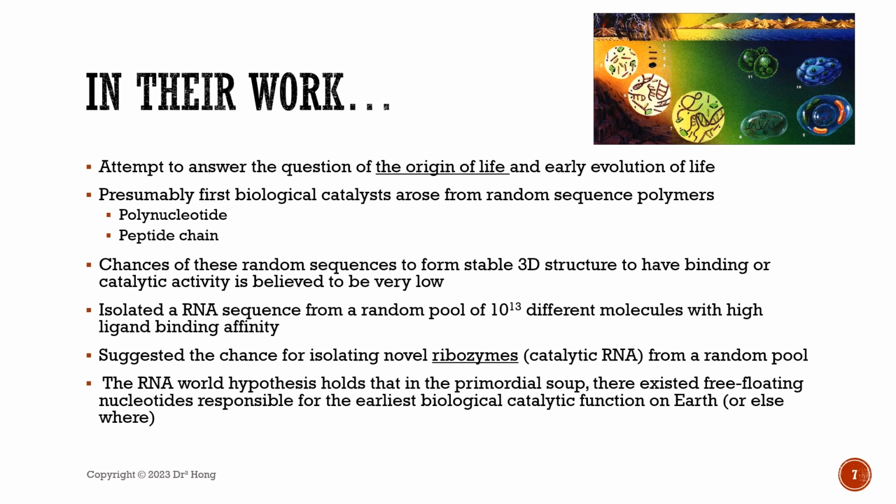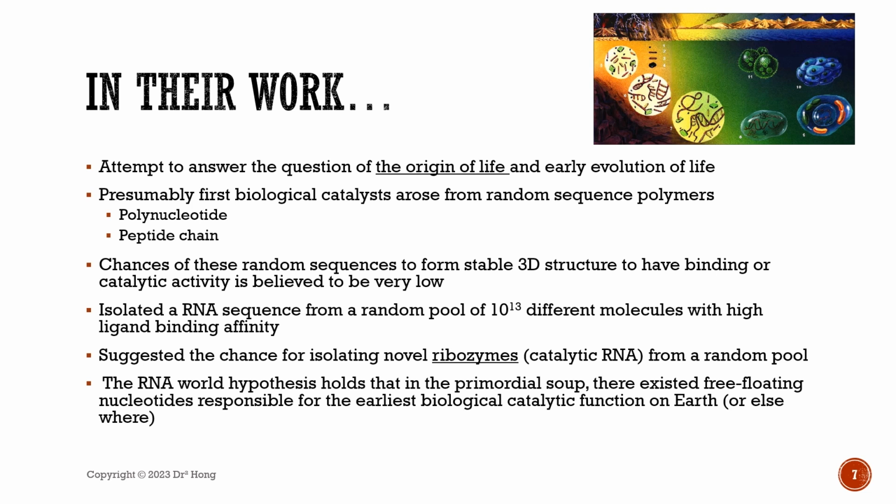So in order to study the evolutionary process of RNA molecules, scientists developed an in vitro method to quickly speed up or direct the evolution of a pool of random RNA toward a specific target. Through this in vitro selection process, they isolated RNA sequences from random pools of up to 10^13 different molecules with high ligand binding affinity, suggesting the possibility of isolating novel ribozymes, or catalytic RNA, from a random pool.